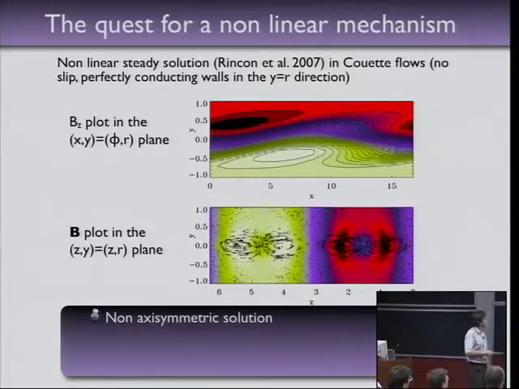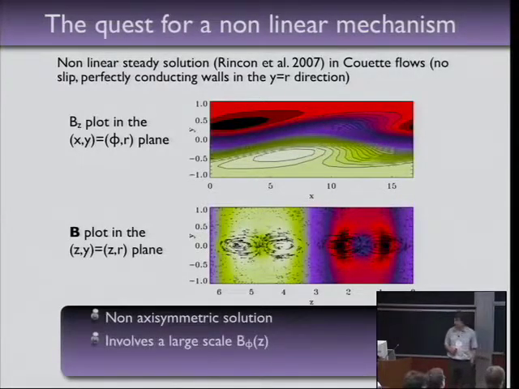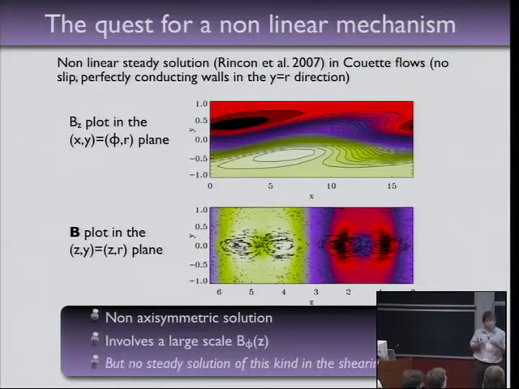You have a quite nice oscillation in the vertical direction, with more or less no structure in the radial direction, at least for B phi. So the second ingredient seems to be a large-scale B phi of z, as we see in this steady solution. Unfortunately, when you have a shearing box, you can't find any steady solution. So I wanted to understand how we can understand this picture in a classical shearing box.